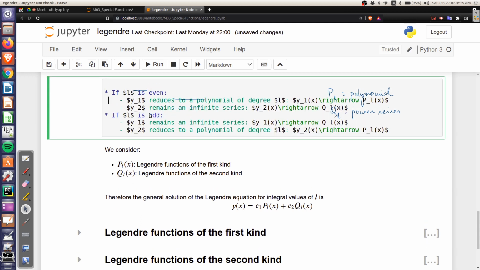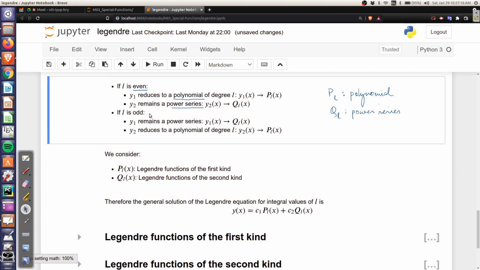So there's a difference between a polynomial and a power series. Both of these contain powers of x, but a polynomial is finite whereas a power series is infinite. So we use this term.